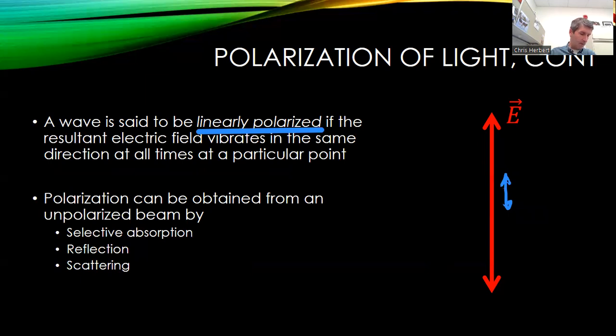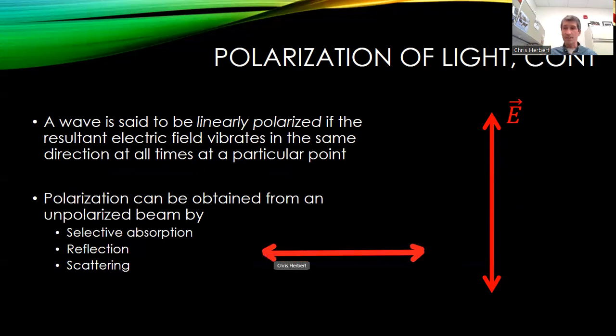I could also have linearly polarized light in a direction perpendicular to this. I could polarize it this way. As long as it's restricted to oscillate like that, that is linear polarized. Again, I choose one direction, and that's the only way my electric field can oscillate. This is what we call linear polarization.